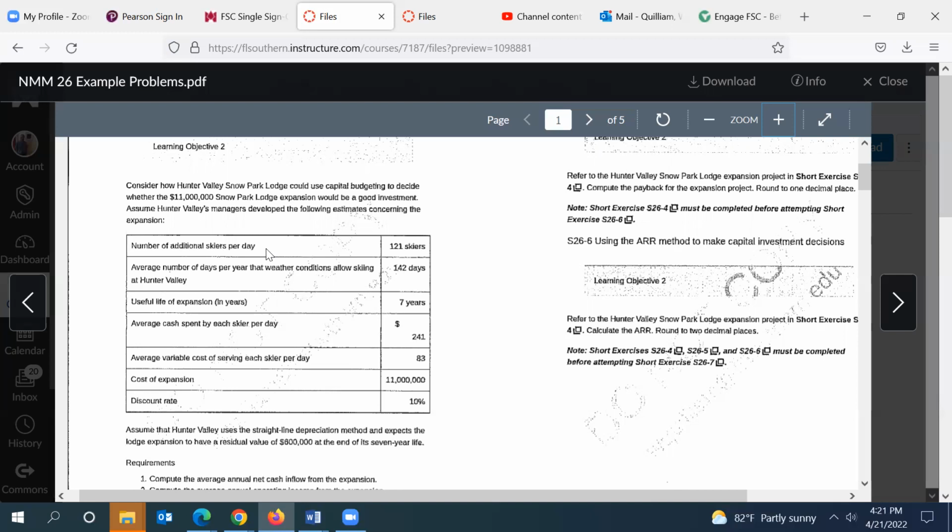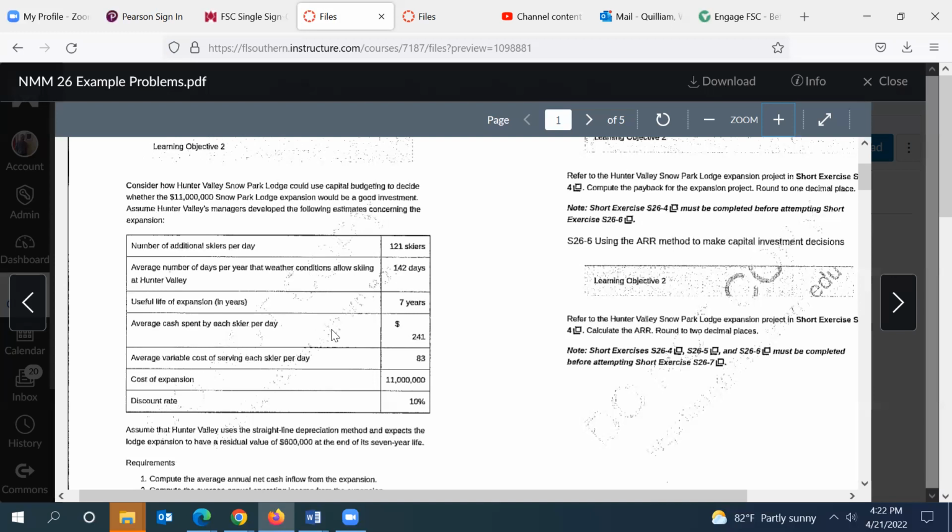So we first computed total revenue and total variable cost per day. The number of additional skiers per day, if we do build this expansion, is 121. Multiply that by the average number of days per year that weather conditions allow skiing, 142 days.